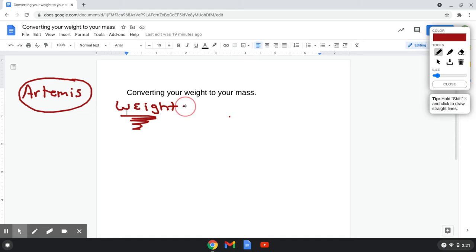Weight is the force of gravity on an object, whether it's a rock or a person or an elephant.